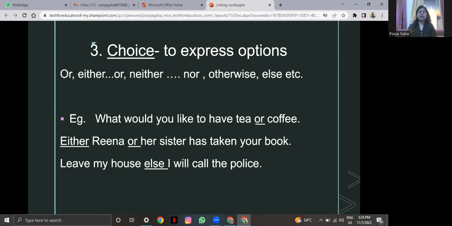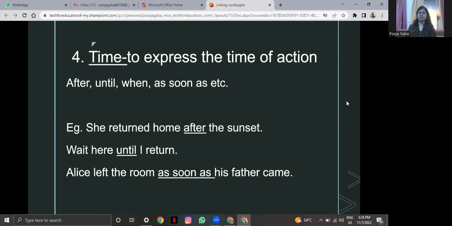Next one, leave my house else I will call the police. Here also we have an option, either you leave my house or I will call the police. So we use the linking word else. These are the linking words used for choice when we have some options.